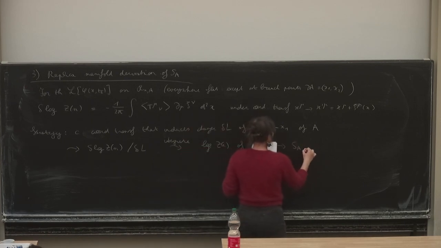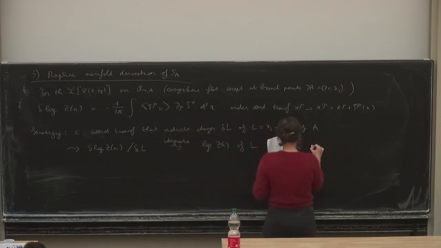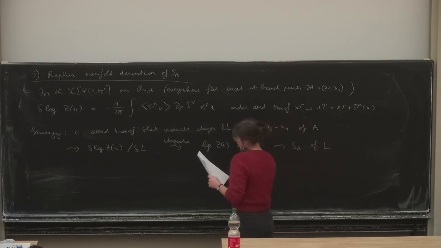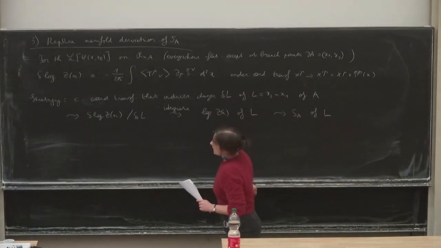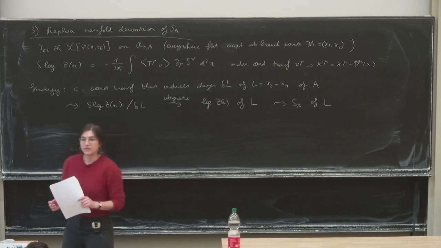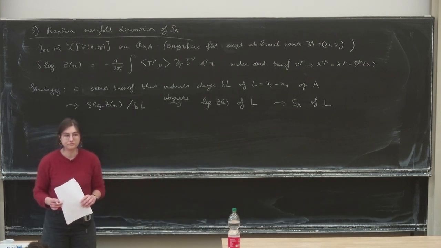Then we plug that into our definition for the entropy, and we'll find the entropy as a function of the length of the interval. This is the strategy that we will follow.